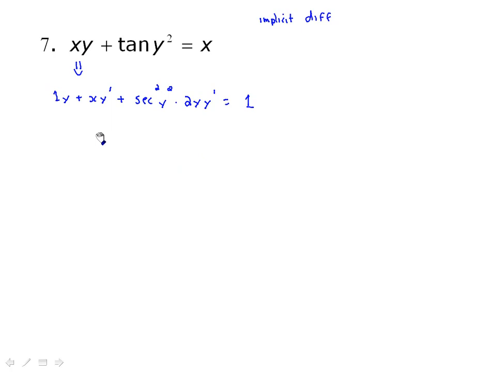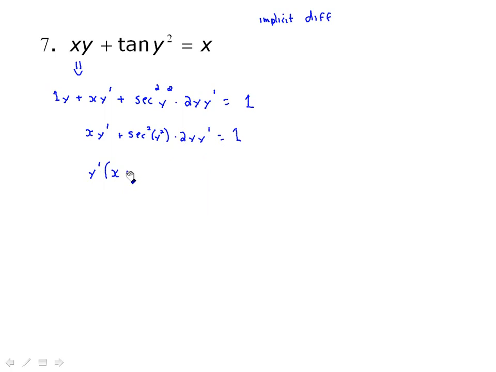Now, gathering up our y prime terms, I'll keep them on the left. X y prime plus secant squared of y squared. Now, that's risky because I didn't use the exponent on the outside, so we want to be careful. Times 2y y prime. And I also didn't bother setting that one up with a 2 in front because, although I should, I'm now going to do it when I factor out the y prime.